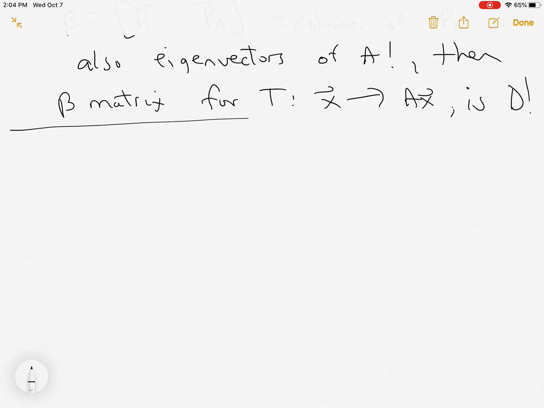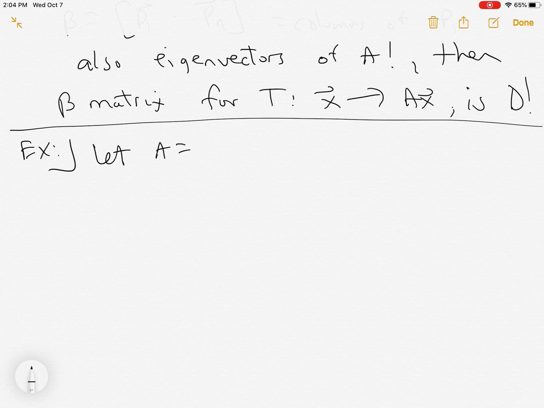Okay, let's do a fun example here. Let A be the matrix 4, -9, 4, -8. Let's find the eigenvalues and eigenvectors of this guy.